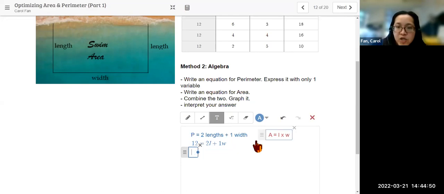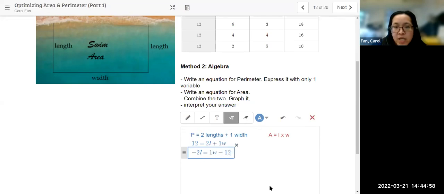Sorry, let's rearrange this for length. Negative 2L is equal to 1W minus 12. And the length is equal to W minus 12 over negative 2.